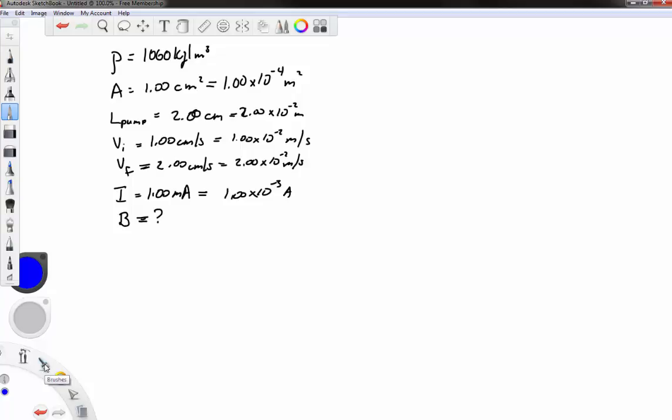Looking at the data that we've been given, this L pump is also basically the acceleration distance. So we could think of this in terms of, for example, a delta x.